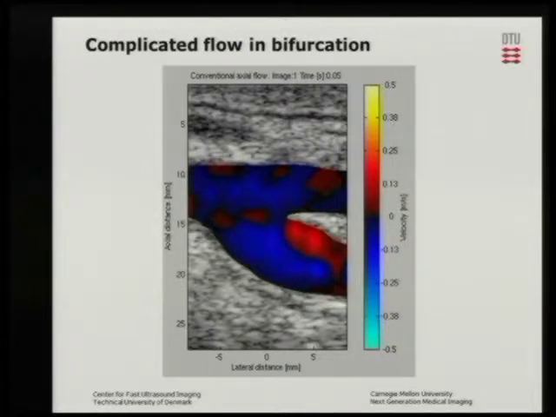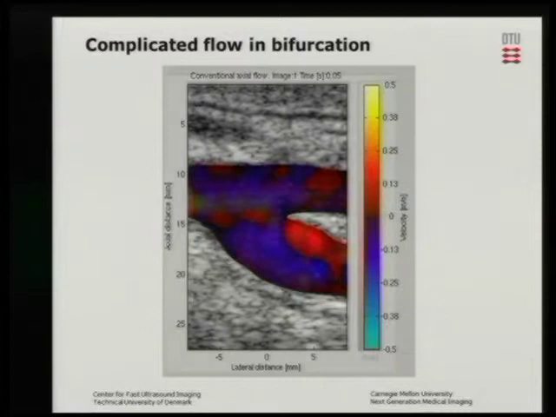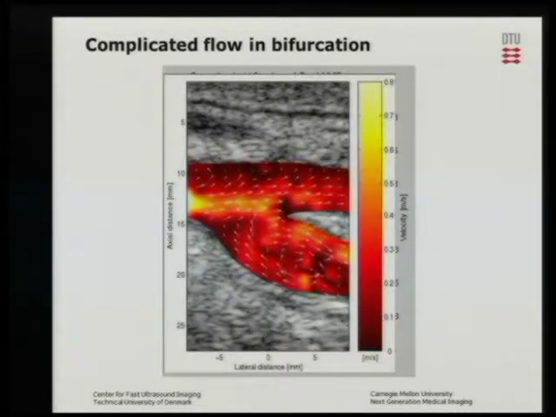This is how it looked on the conventional system. And then if we switch over to the vector flow, I think we can see what's happening. What is happening is that the blood is coming in on the left, and then it hits the flow divider, and then it gets bent down, and then we have a vortex, which is forming down and going out.